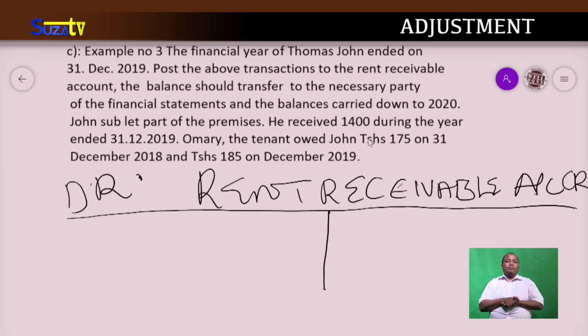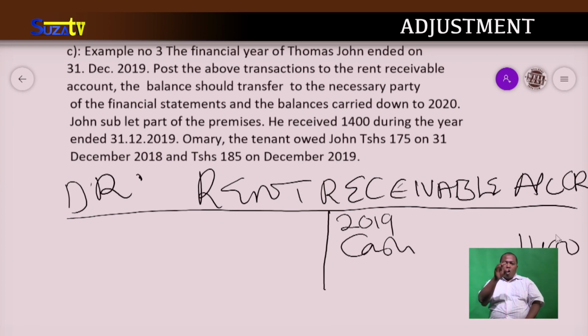This is income for John. It should be recorded on the credit side as income. Put here 2019, cash, Tanzania shillings 1,400.